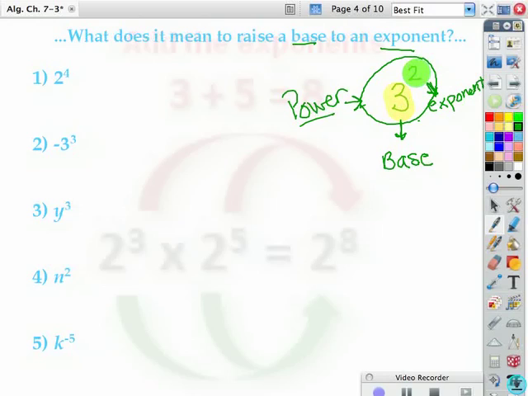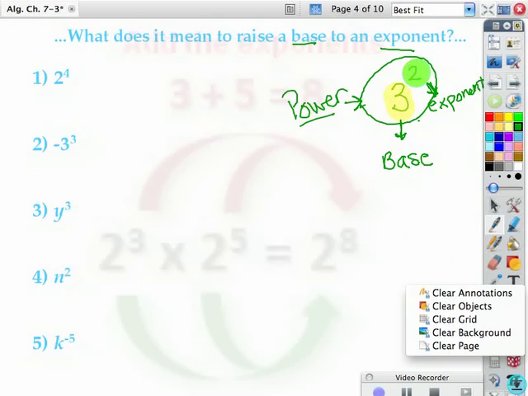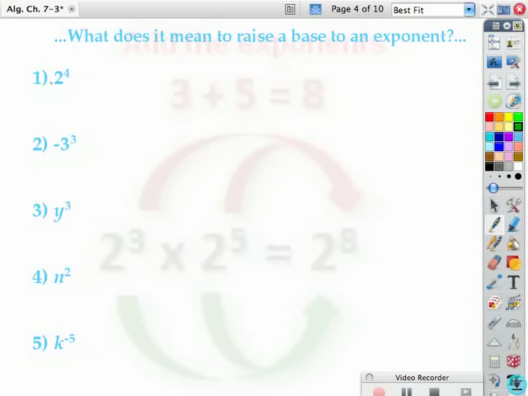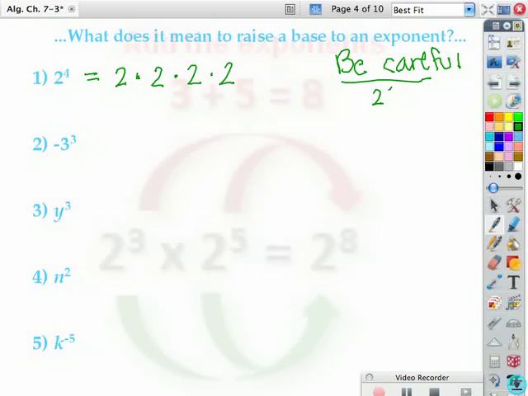2 is the exponent. Okay, so when we're talking about exponents, what they actually mean, if we see something that is 2 to the 4th power, what that really means is we take the number 2 and we multiply it by itself 4 times. You have to be careful, and I'll even write this out. 2 to the 4th is not 2 times 4.